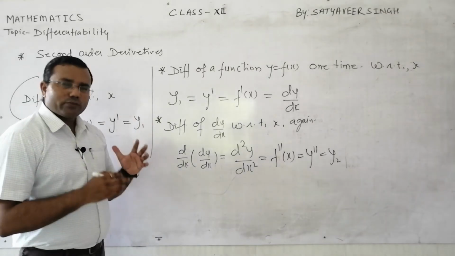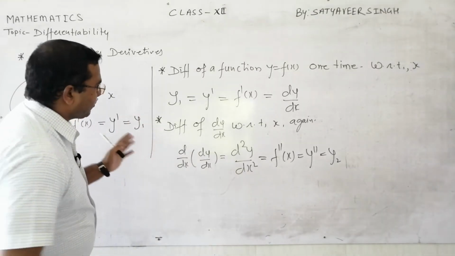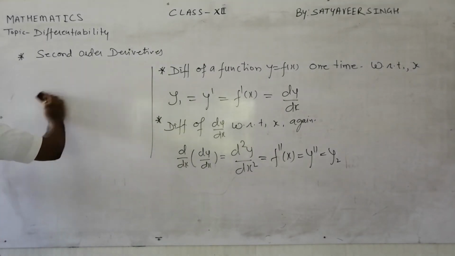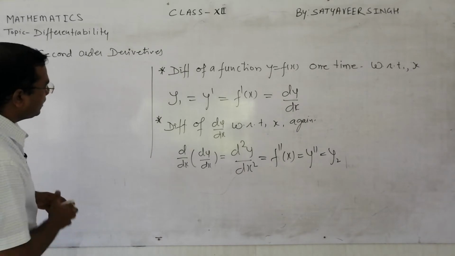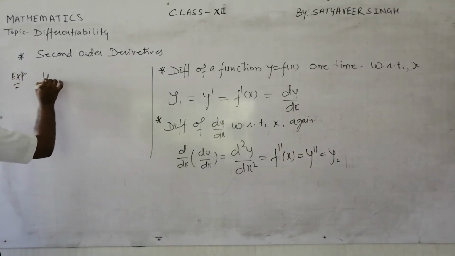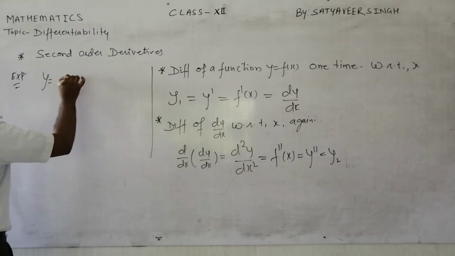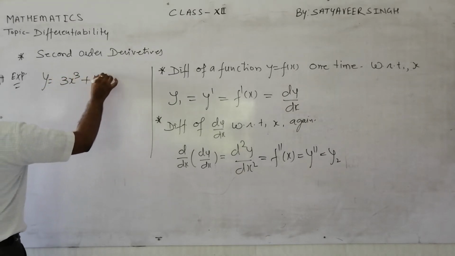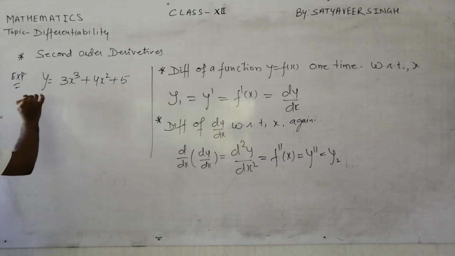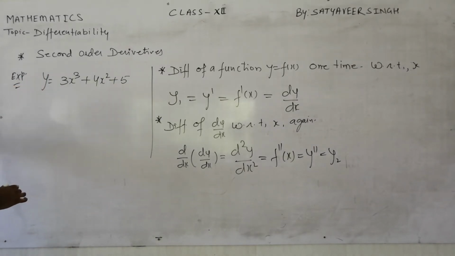I'll take a very simple example and a very simple procedure so that everyone can understand easily. Suppose I am taking an example, 3x cube plus 4x square plus 5, which is a polynomial. We want to find the differentiation of this with respect to x two times, the second order derivative.